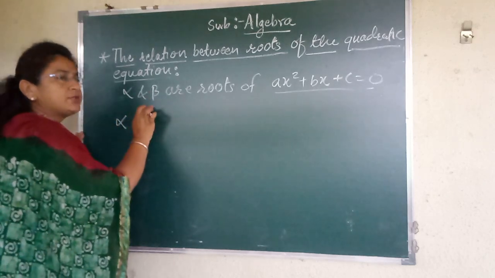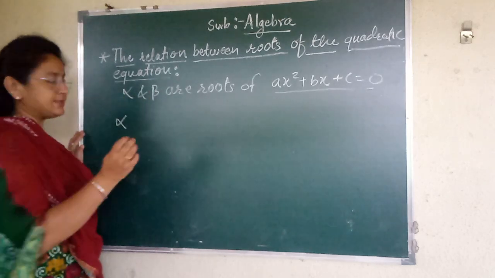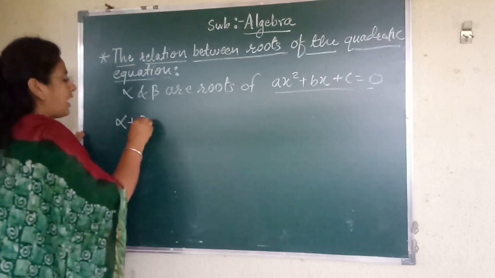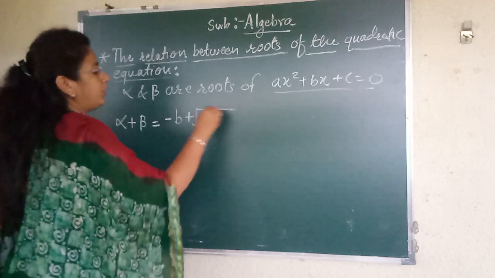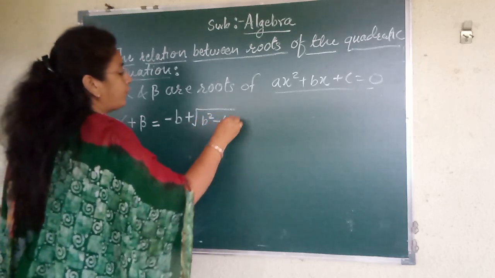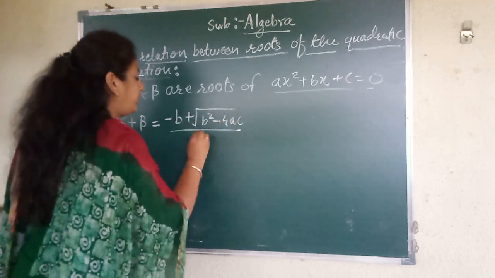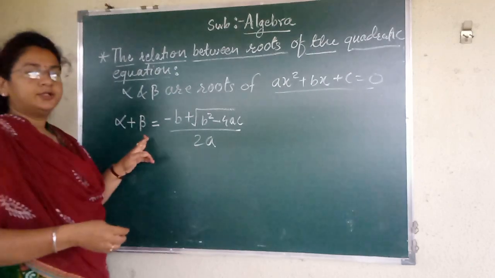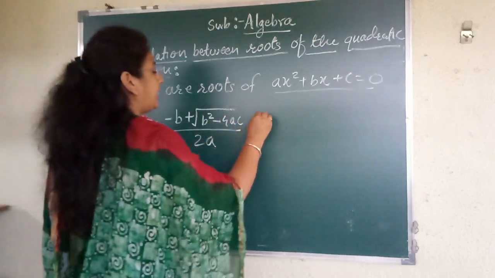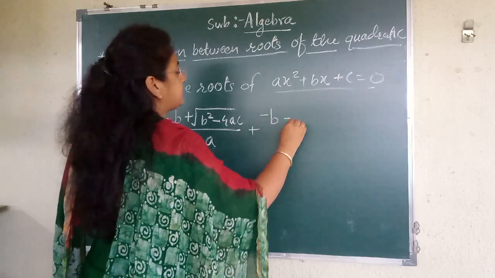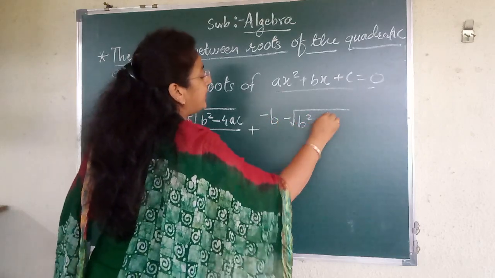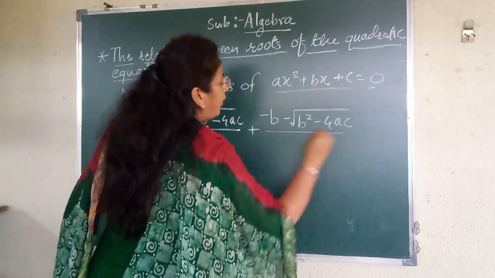Now alpha and beta are the two roots. How to find the roots? Yes, we have learned that the formula is there. So alpha is equal to (negative b plus root b² minus 4ac) upon 2a. Another root, beta, is equal to (negative b minus root b² minus 4ac) upon 2a.